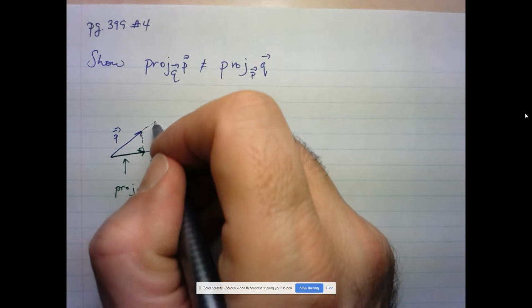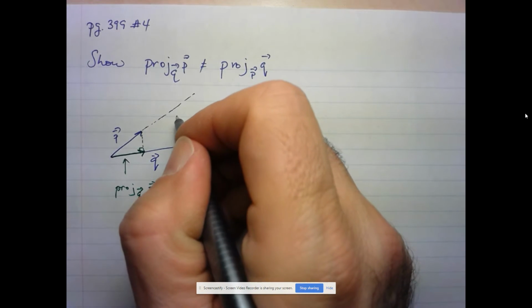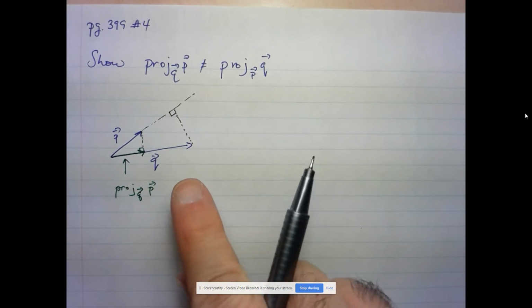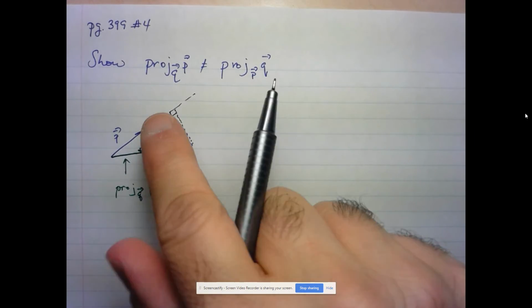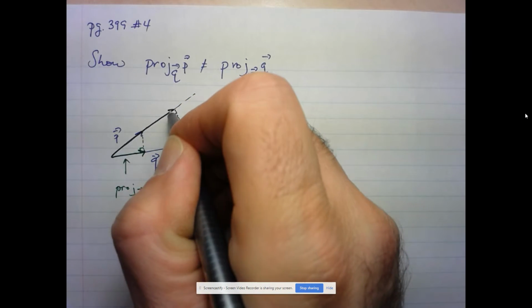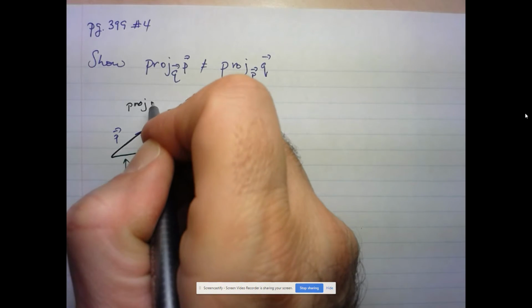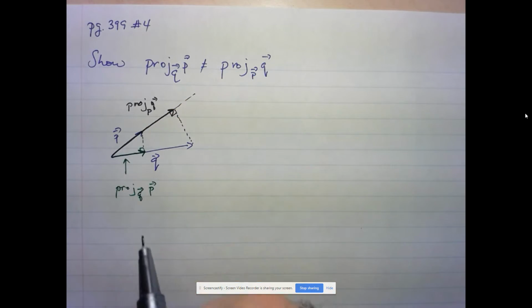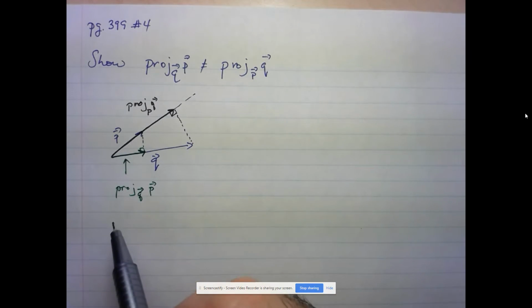So let me just extend p here, okay, and bring this down. So I have 90 degrees. Remember, it's like having a flashlight perpendicular to p above q. So I'm looking at the shadow. So this vector here is going to represent the projection of q onto p. Okay, and right away we can see that these two vectors are not the same.